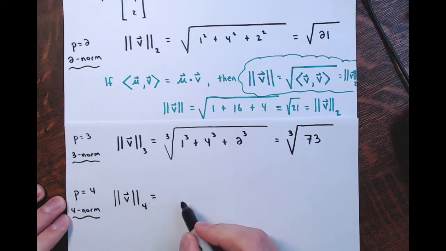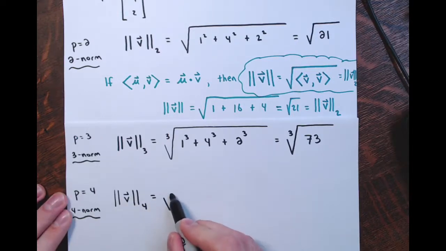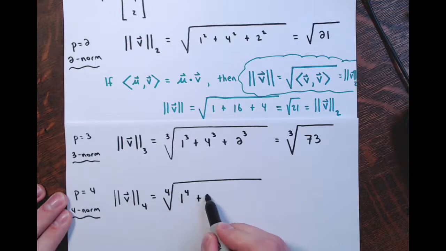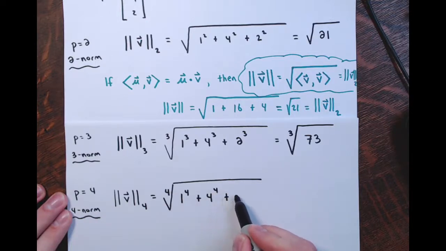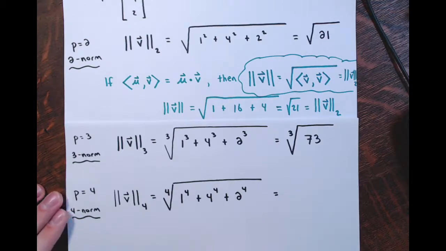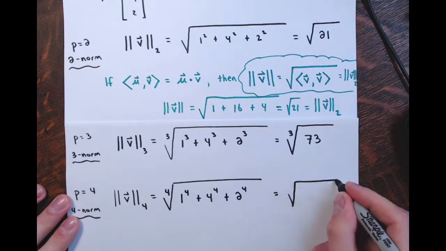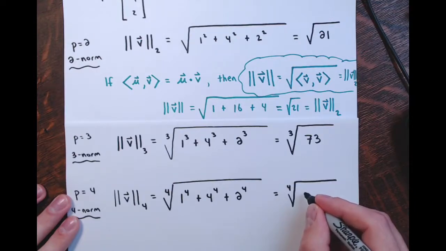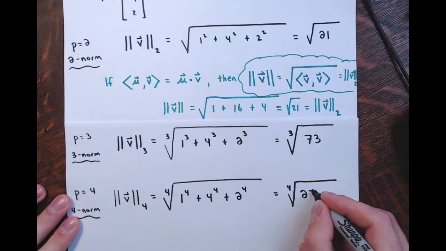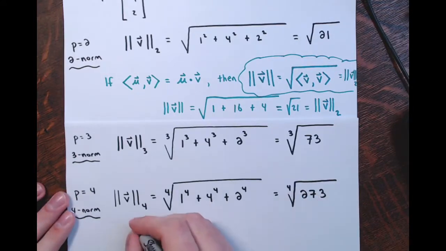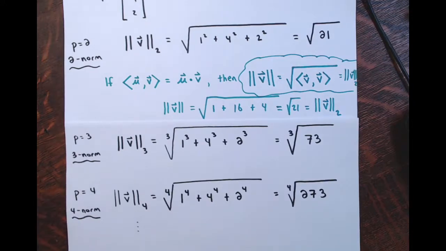Again, this is a 4th root of 1 to the 4th plus 4 to the 4th plus 2 to the 4th, and this is actually one of the examples in the Zybooks page. This ends up being the 4th root of 273.